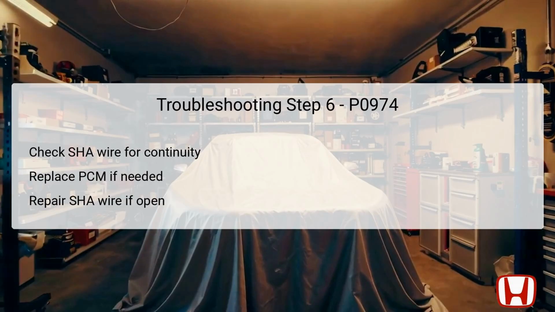If continuity is lacking, you'll need to repair the SHA wire for any open circuits between the solenoid and the PCM. Effective diagnosis and rectification at this stage are crucial to restoring proper transmission function.